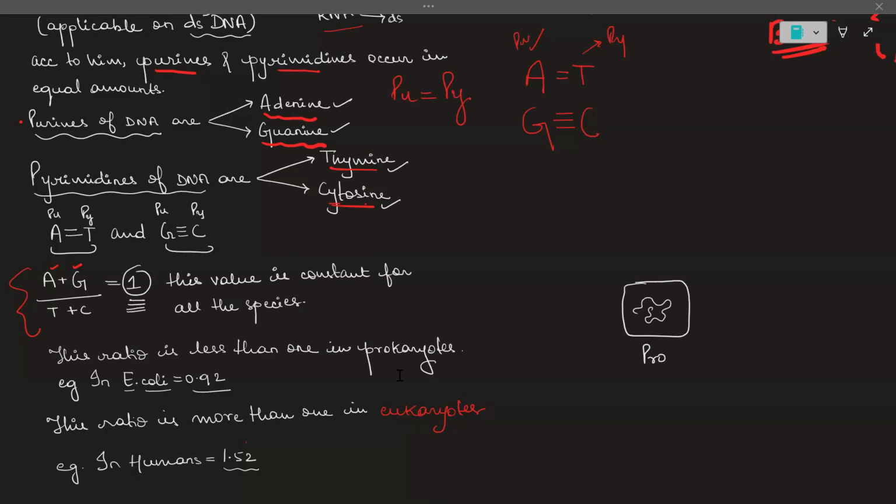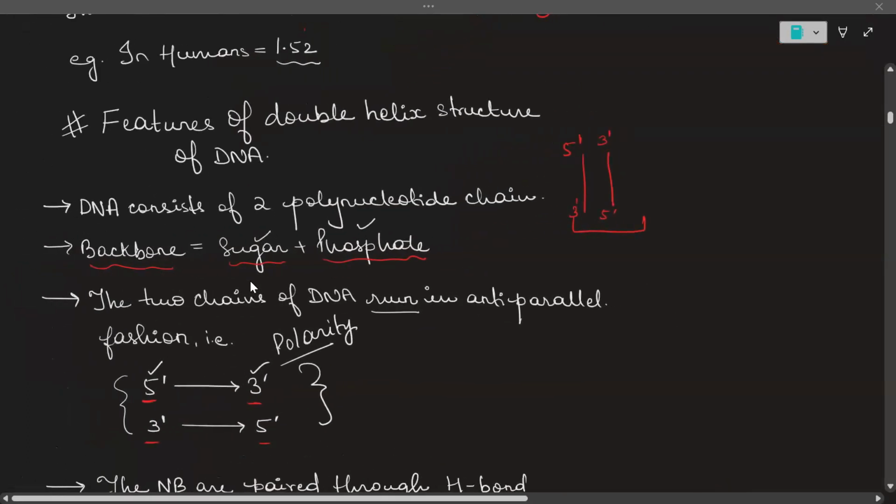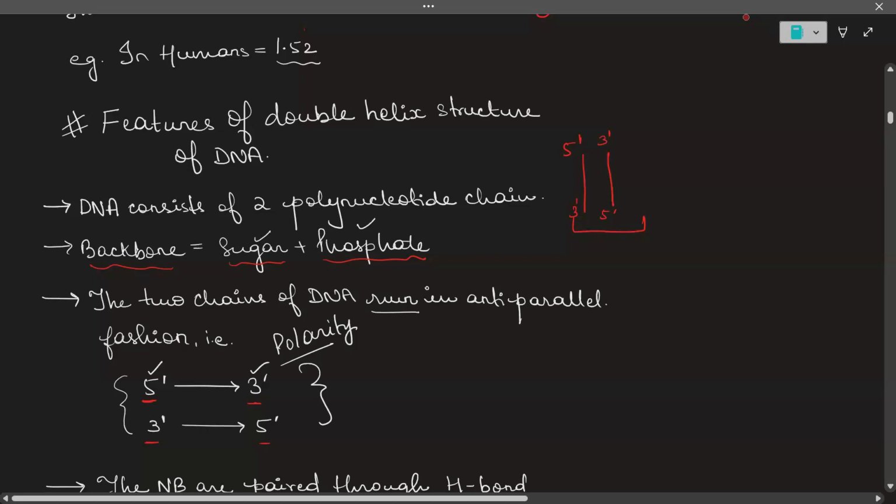All right, very good. So now the next thing that we have to discuss is the features of the double helix structure of DNA. This double helical structure of DNA was given by Watson and Crick, and these are the points that they mention. First of all, a DNA molecule consists of two polynucleotide chains, meaning when several nucleotides come together, they form one polynucleotide.